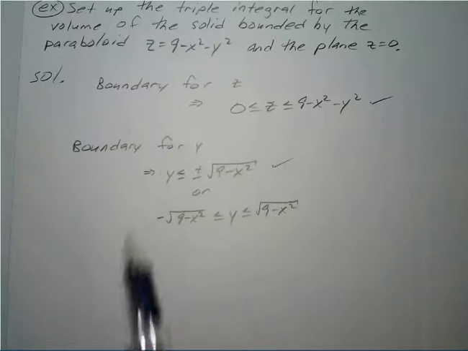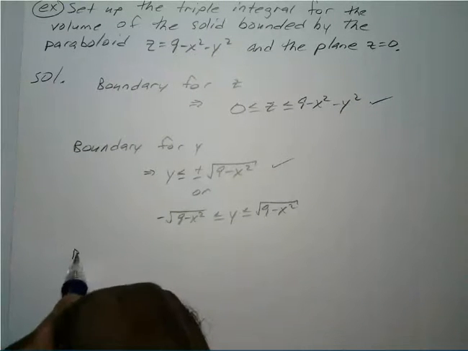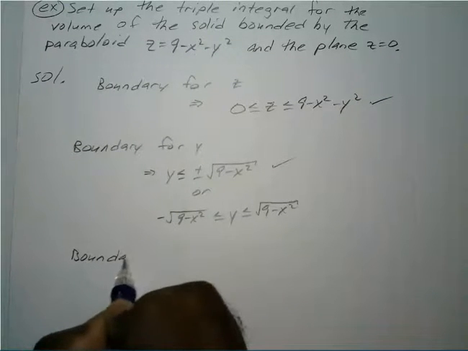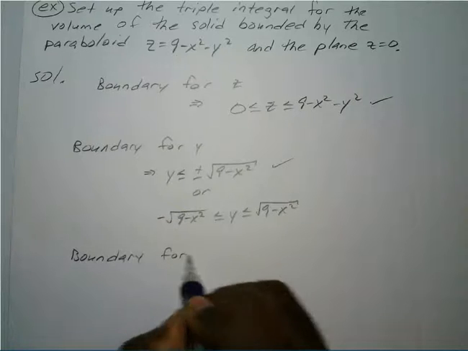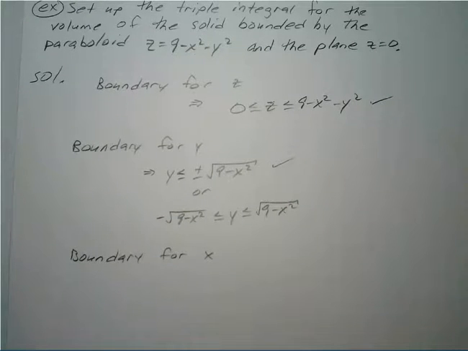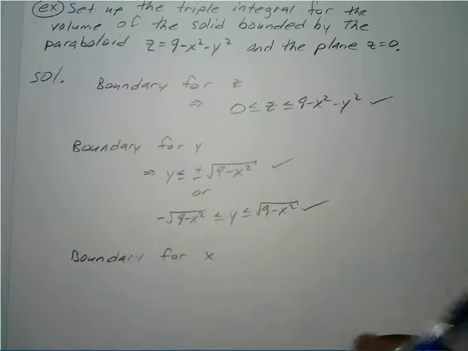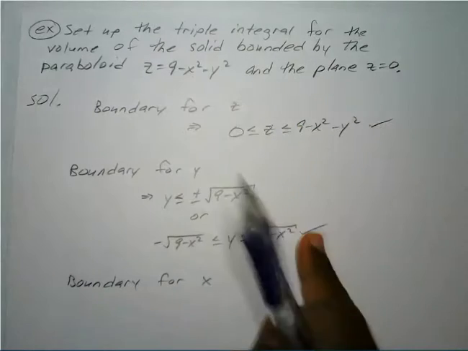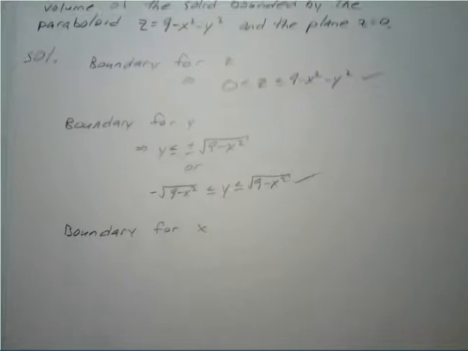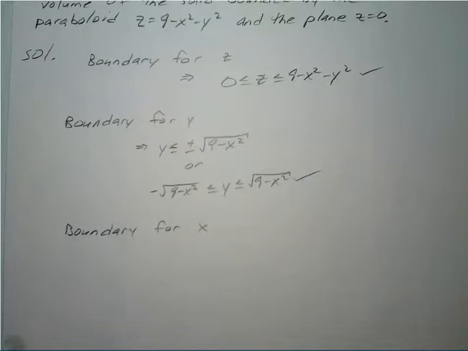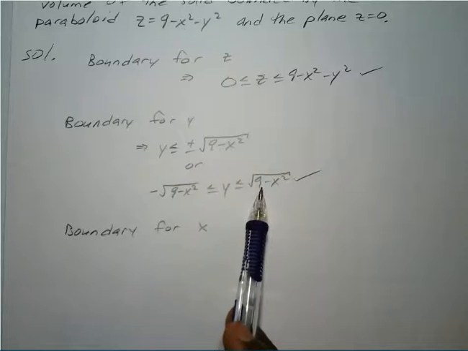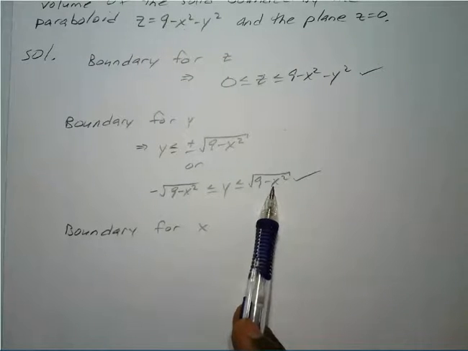Okay, so now we find our boundary for x. For x, 9 minus x squared has to be positive, because if it's negative, we're dealing with complex numbers and we're only dealing with real numbers.